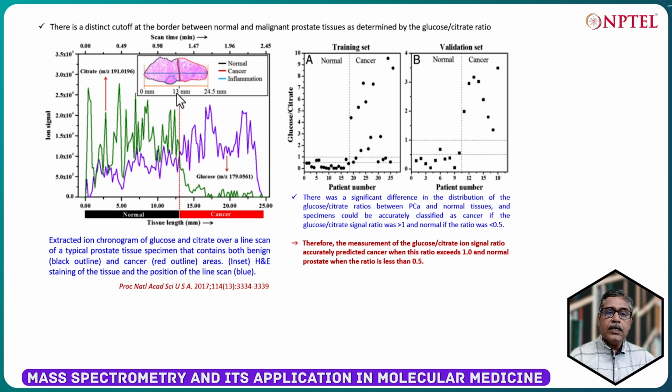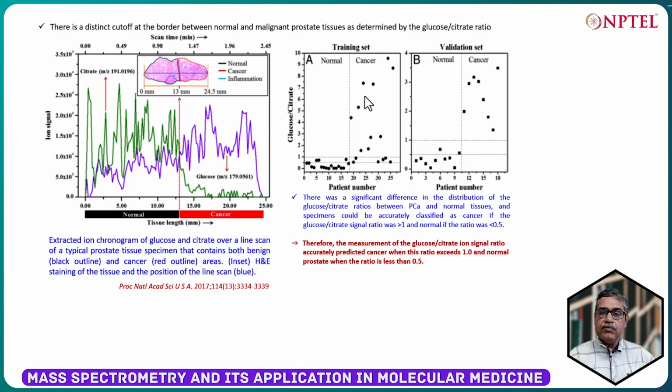So, if we look at this line that demarcates normal and cancer tissues, at that zone itself there is a drastic change in the ratio. Okay. So, that is what was observed here. There is a distinct cutoff at the border between normal and malignant prostate tissues, which can be determined by the glucose over citrate ratio.